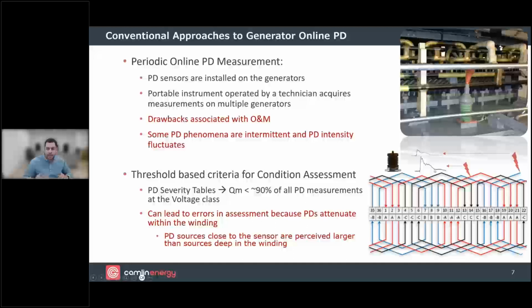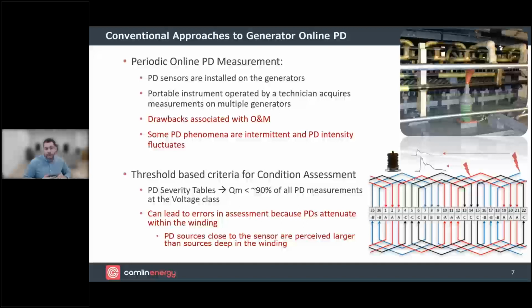Okay, so what this can do is that you can have sort of an assessment that's in error because the discharges can occur within the winding at various locations. Now, arguably, the sensors being closest to the highest voltage location may be the most prone to high voltage PD, but you can have partial discharges as a result of vibration or deterioration of the slot that aren't necessarily so dependent on voltage magnitude, okay?